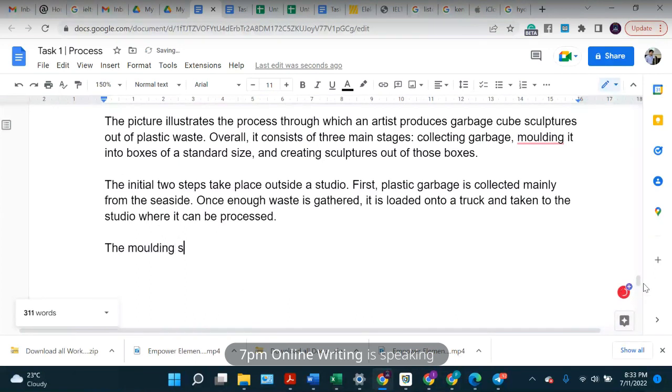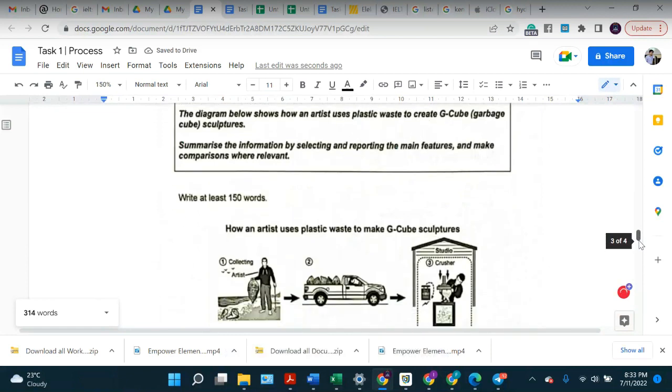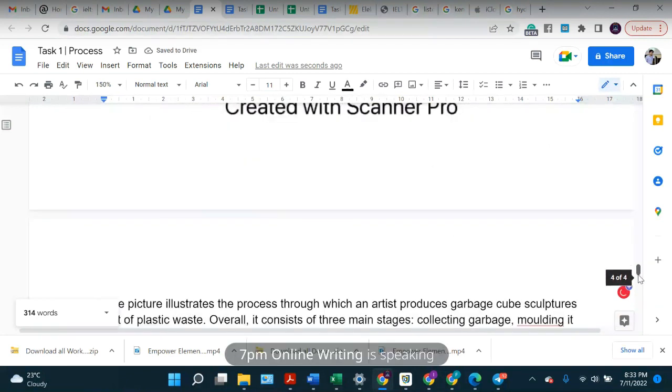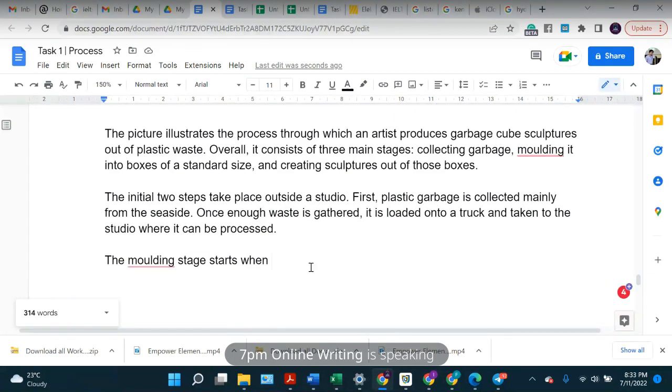Molding stage starts when, or starts with doing something. When the collected garbage is crushed.